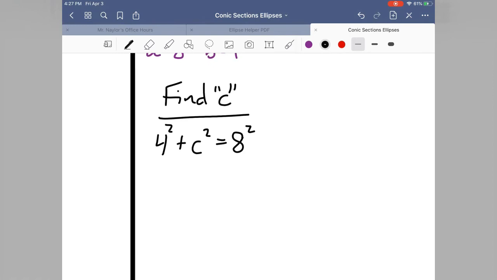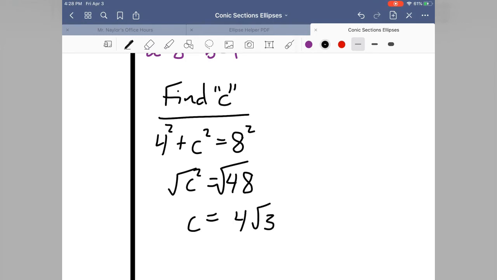So we end up getting, with a little bit of math here, that c squared is equal to 48, and that means that c equals, of course, the square root of 48. I'd like to see you simplify that. You might as well pull a 16 out of that 48. That's going to turn into a 4 root 3. Now, that's your c value, 4 root 3.